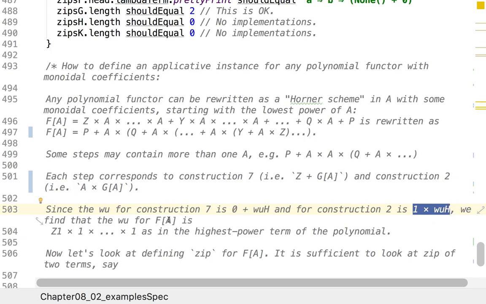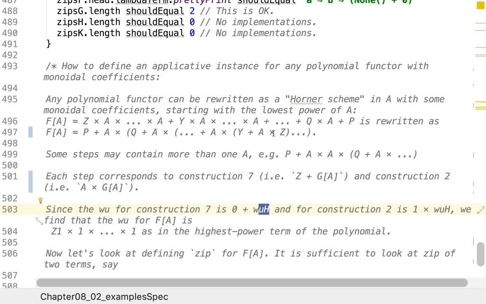And so the wrapped unit for the entire polynomial is going to be, every time you step through construction 7, you discard the z, so you go to the right, like this.